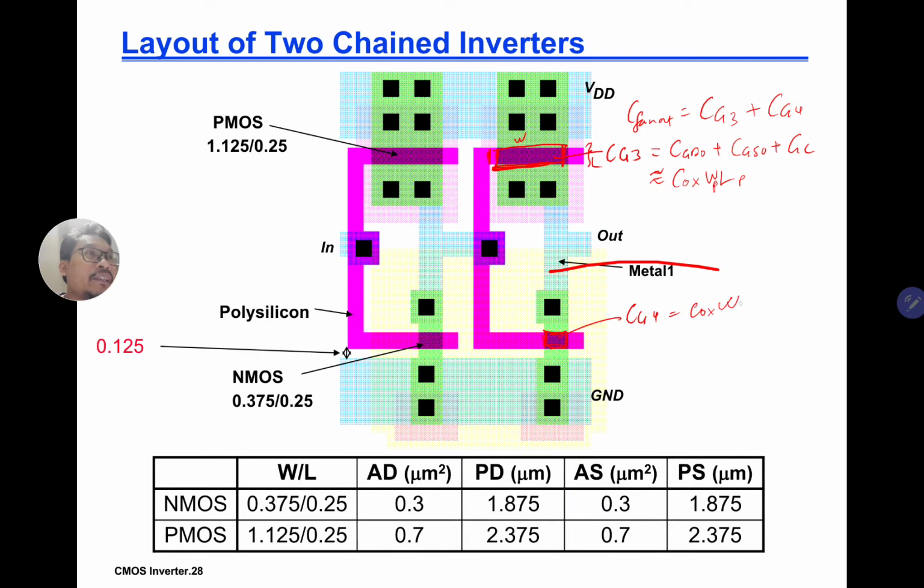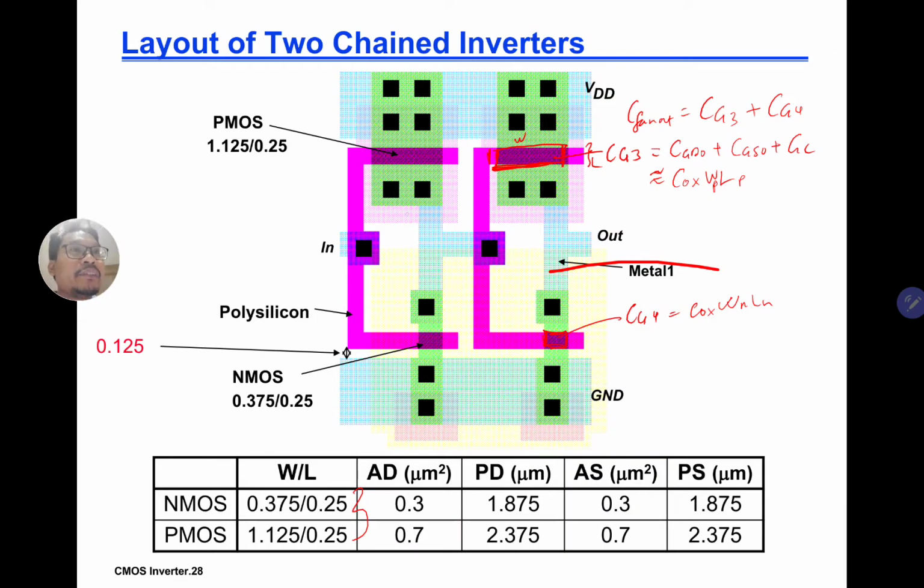For the other, Cox Wn Ln, with the size given by Wn Ln. So that is your loading capacitance, what is called the extrinsic or the fan out capacitance.